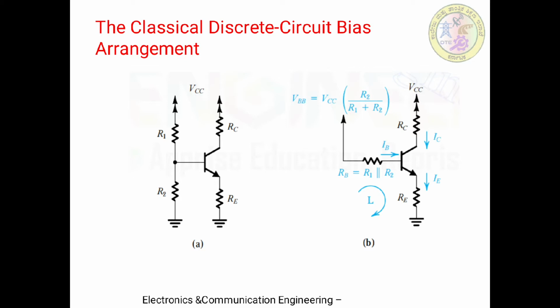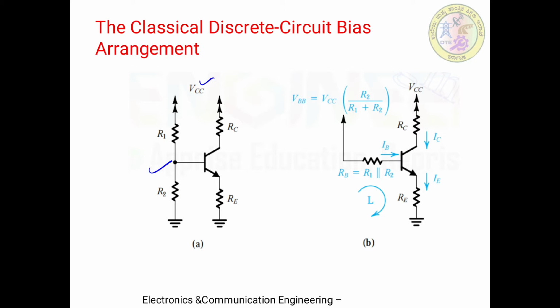At this point you can write the effective voltage. This voltage divider bias arrangement we can reduce to a voltage VBB. VBB is equal to VCC into R2 divided by R1 plus R2.